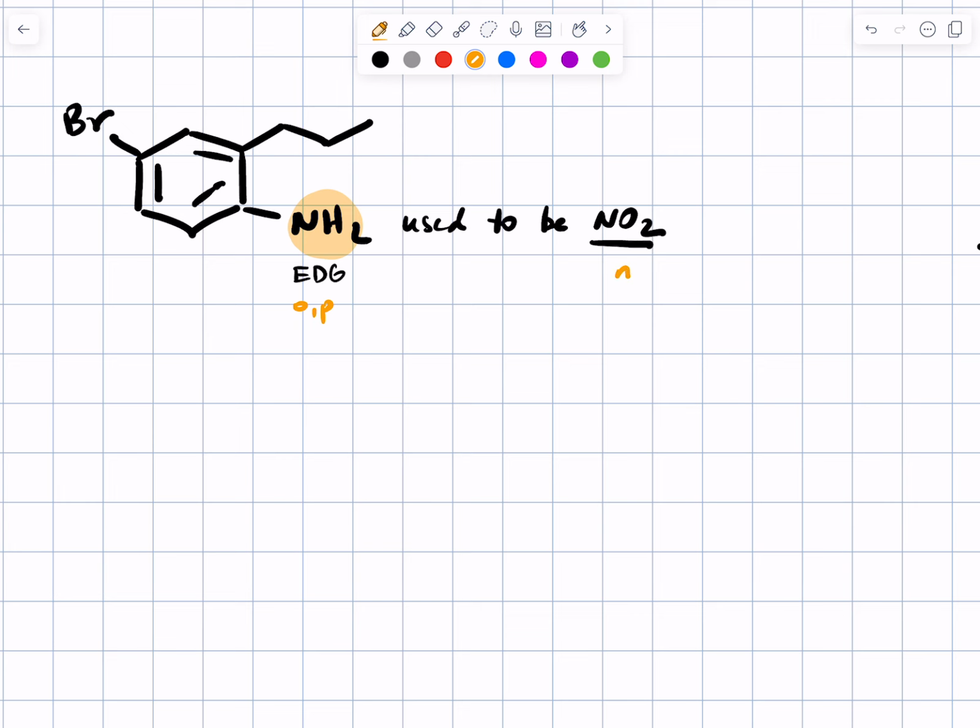Prior to that, when it was a nitro group, it's a meta director. Now I want to see, are there any groups that are meta to that aniline? If there were, that would tell me that those groups needed to go on when the aniline was still the nitro. There aren't, they're still ortho and para, so that maybe gives me the idea that the nitrogen was on early. Okay?